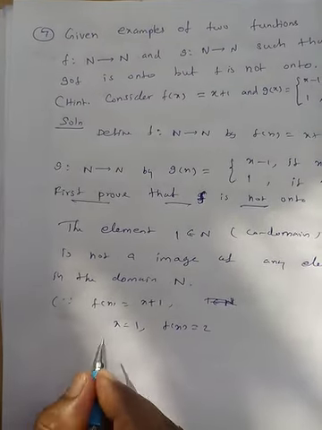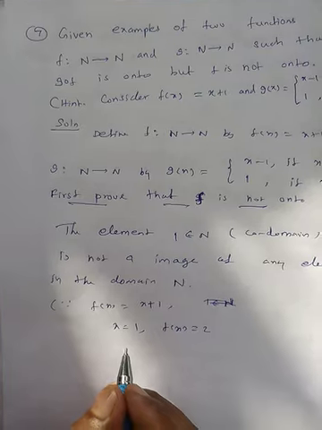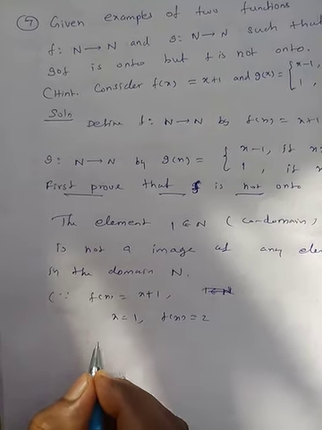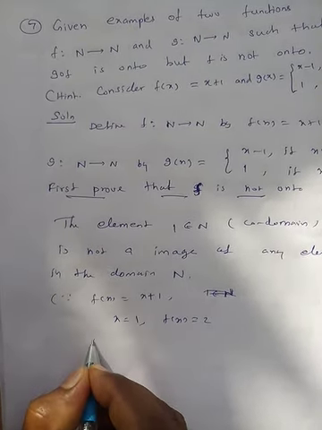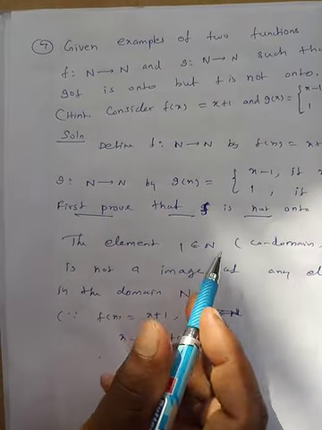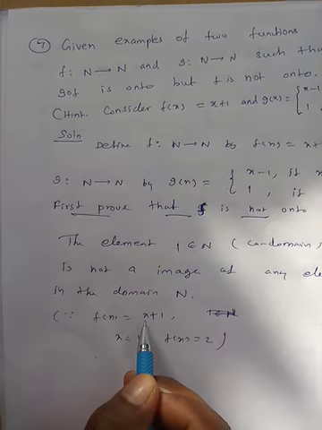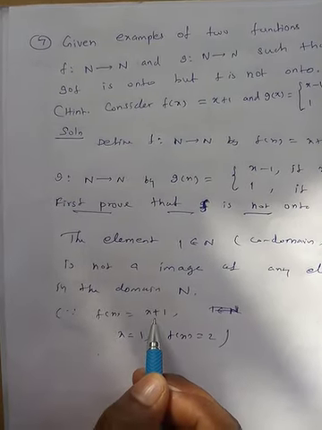But 1 belongs to N and is one of the values in the codomain. If we substitute any value of x, we are not getting f of x equal to 1.